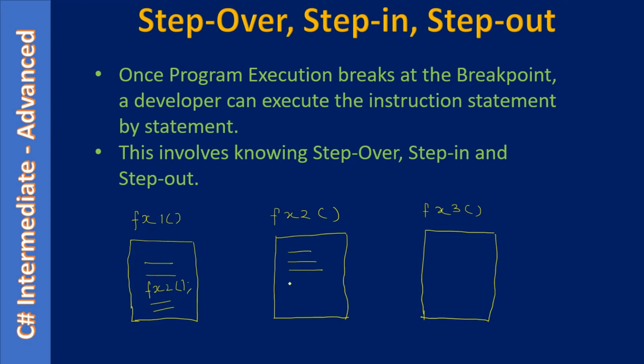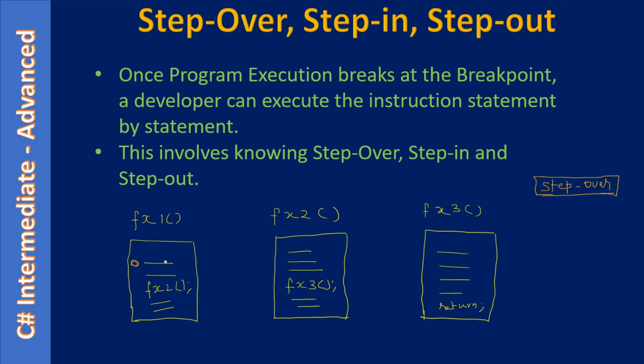Then we will also assume fx2 is calling the function fx3, and fx3 finally returns. Now let's explore step over. Also we will assume that we have a breakpoint at the very first line.